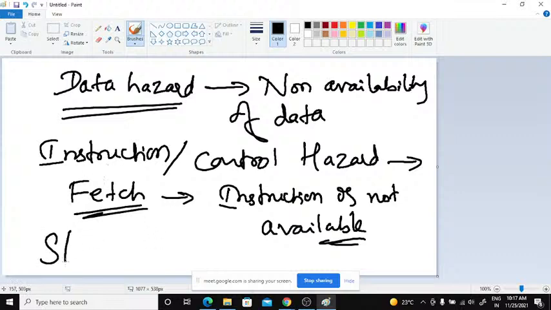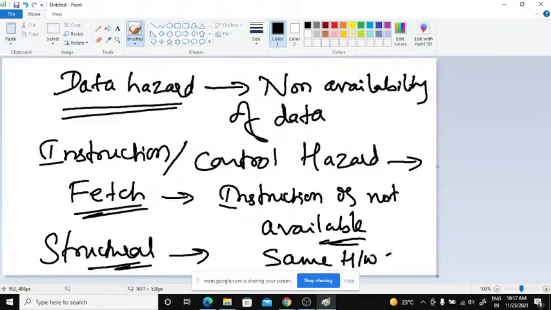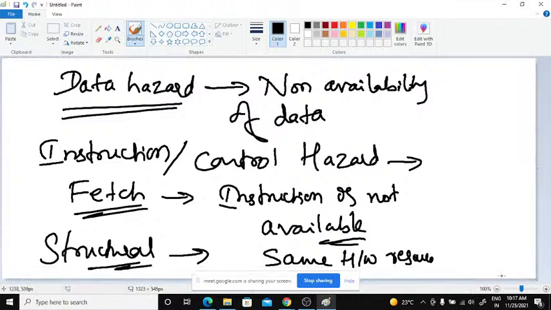Then structural hazard. So structural hazard means the situation where two instructions require the same hardware resource. If two instructions want to access the same hardware resource, then some delay will occur.